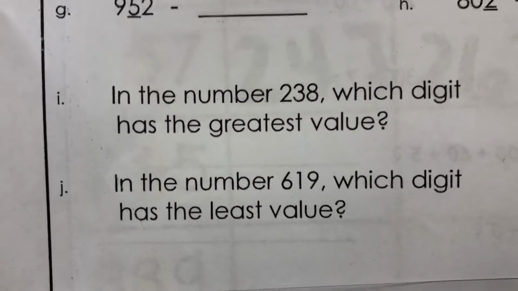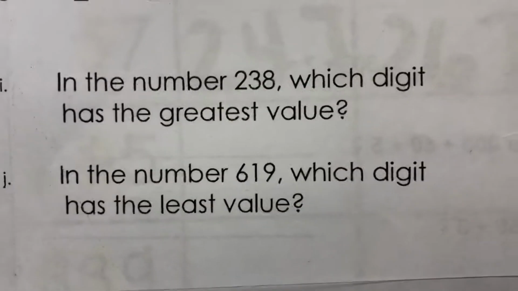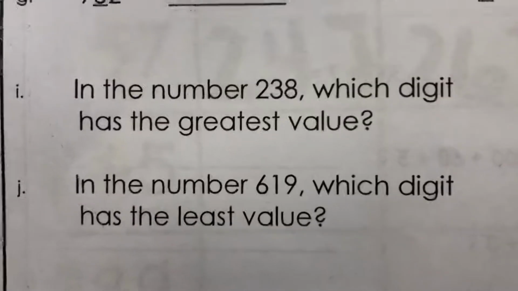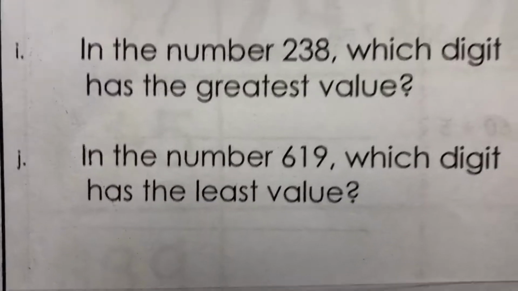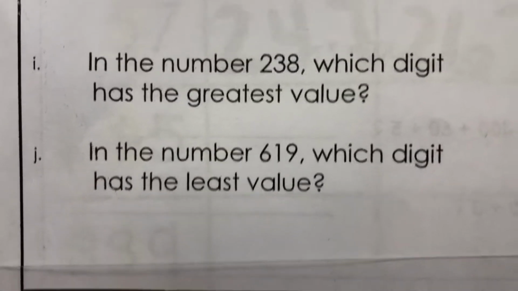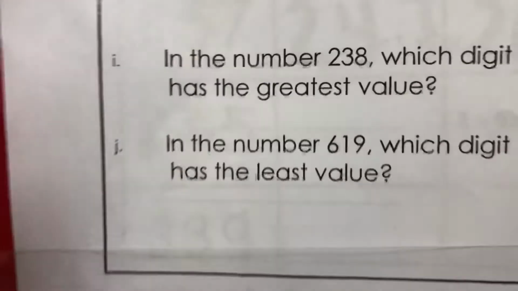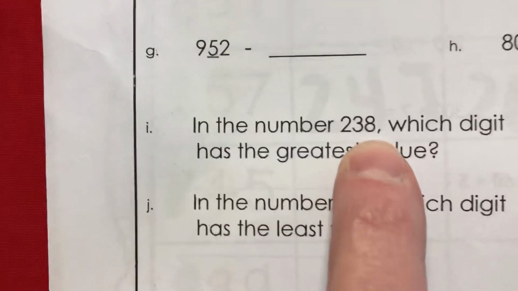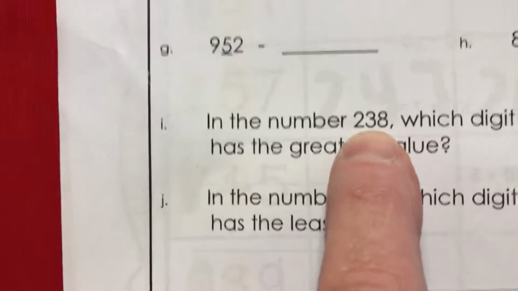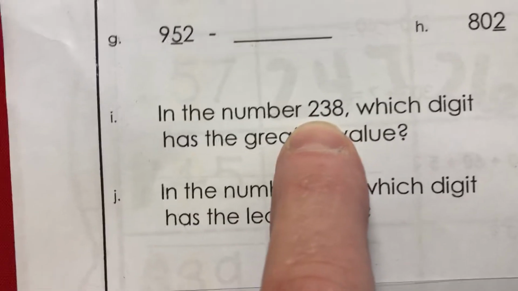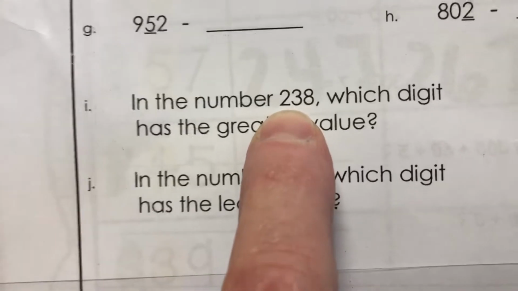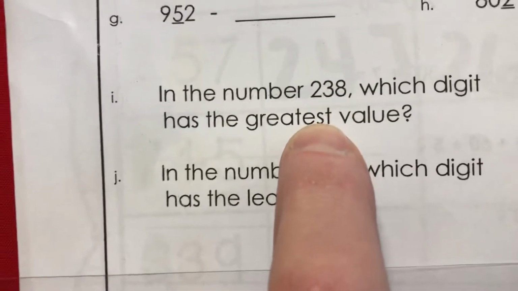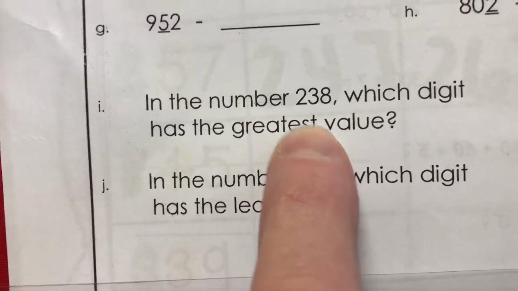In the number 238, sorry about wiggling, which digit has the greatest value? Okay, well, let's start in the ones. The 8 in the 1 spot means 8. The 3 in the 10 spot means 30. The 2 in the 100 spot means 200. Which digit has the greatest value?